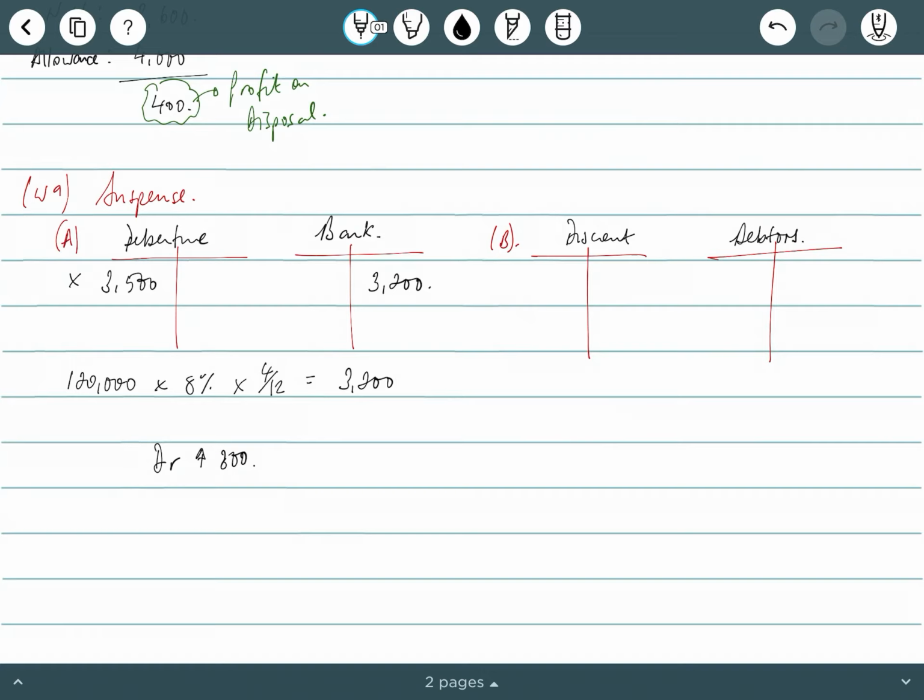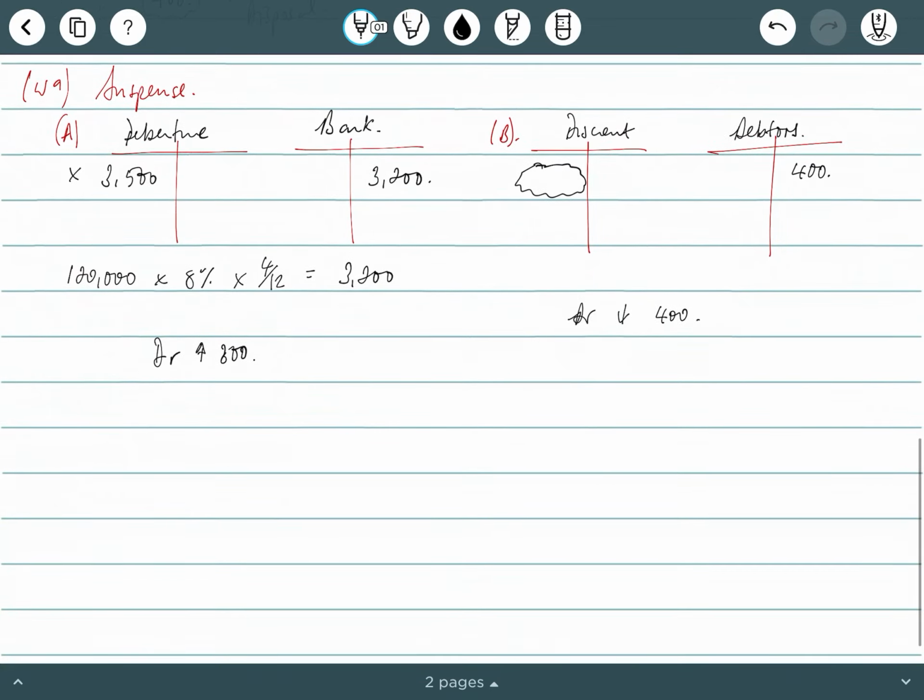We know that discount allowed should be a debit entry, as it's an expense. It wasn't entered in there. It was only entered into the debtors, which we know is a credit entry, which is 400. So that means the debit side is down by 400. So we have the debit side up by 300, debit side down by 400, which means our total suspense is the debit side down by 100.